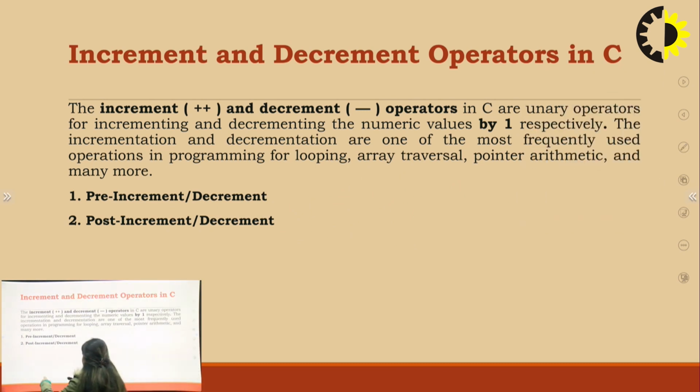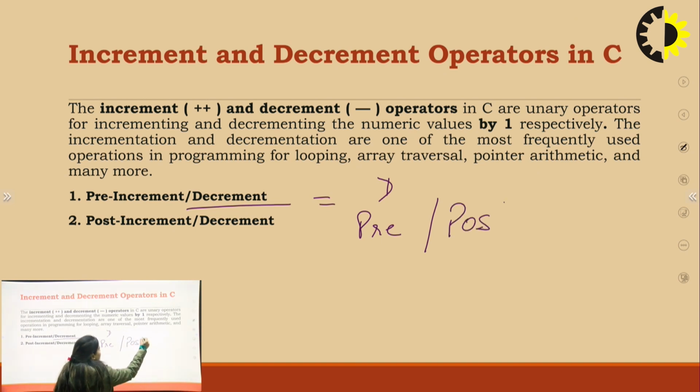Now see, if we talk about the decrement, it is the same case, again with a new operator known as the decrement operator. Here also we have two types of operator, pre and post decrement. For pre you will have minus minus x, any variable it could be, and for post it will be x minus minus.